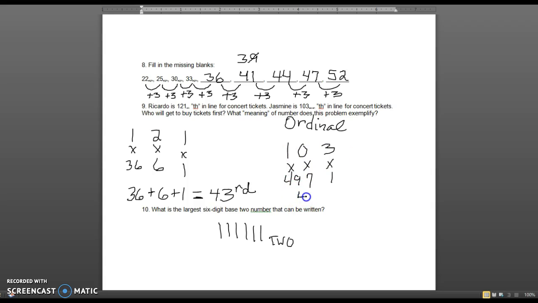So this is going to be 49 plus 0, because I don't have any 7s, plus 3. So Jasmine is 52nd in line. So if I want to know who is going to buy their tickets first, Ricardo is ahead.